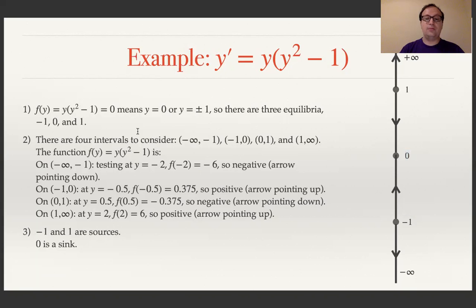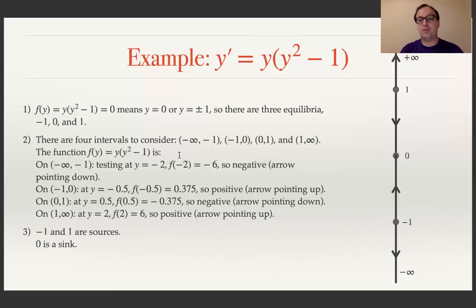So now these 3 points divide the axis into 4 intervals. From minus infinity to minus 1, minus 1 to 0, 0 to 1, and 1 to infinity. On each of these 4 intervals, the function will have constant sign. And this is one way, again, to find out the sign of the function.